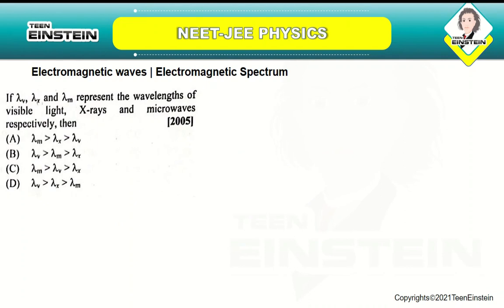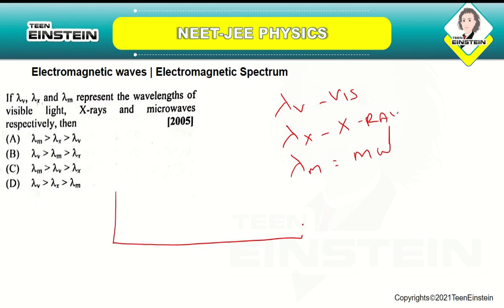If lambda V, lambda x and lambda m represent the wavelengths of visible light, X-rays and microwaves respectively. So lambda V is visible light, lambda x is X-rays and lambda m is the wavelength of the microwaves. Same concept: draw the electromagnetic spectrum: gamma rays, X-rays, UV, visible, IR, microwave and radio waves.